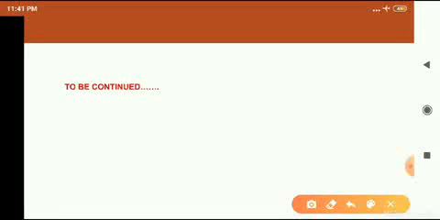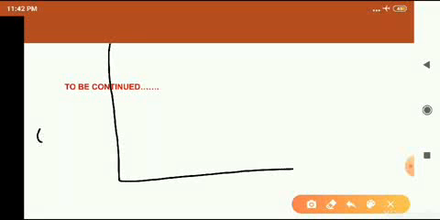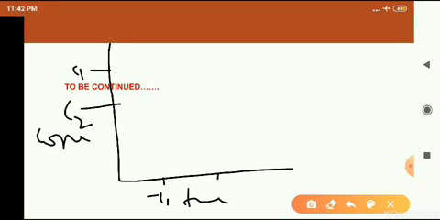Similarly, for products, we can draw this graph as concentration versus time. Concentration C1, C2, T1, T2, time T. We can calculate average as well as instantaneous rate of the reaction for products as well.